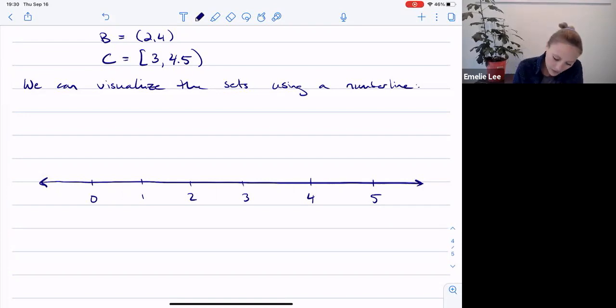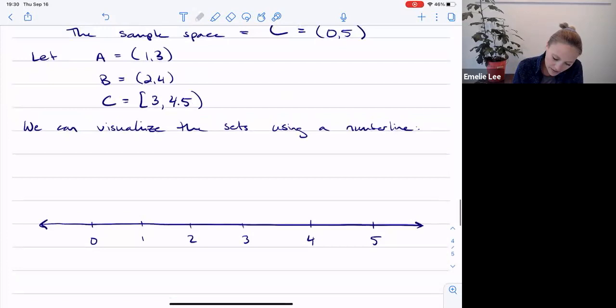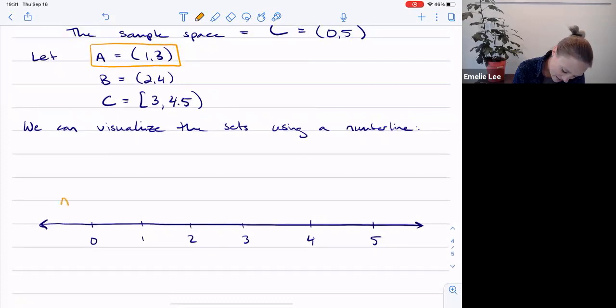So maybe what I'll do is use different colors here. A, I'll do in orange. Be glad I didn't say banana. So A, I'll put on this line here. And so what I'm going to do is draw A from 1 to 3, not including those points.